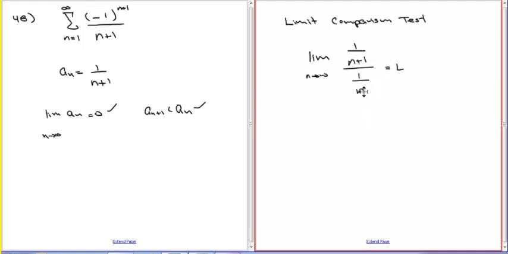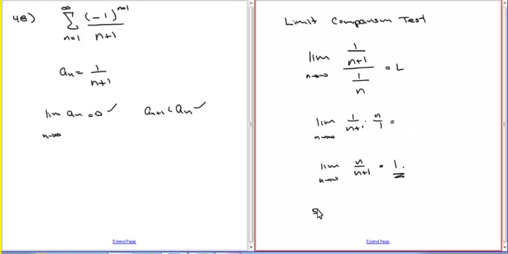If this converges, that converges. So in this case, if we take the reciprocal of the denominator, we'll get 1 over n plus 1 times n over 1. And so we get n over n plus 1. And the limit, as that goes to infinity, is 1. So there is a limit.